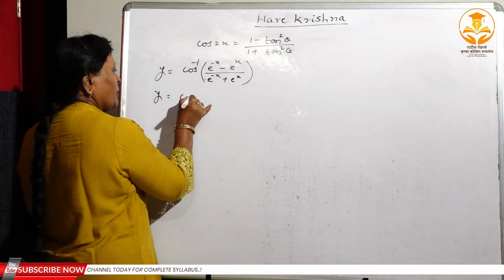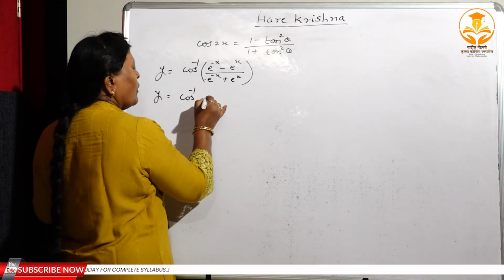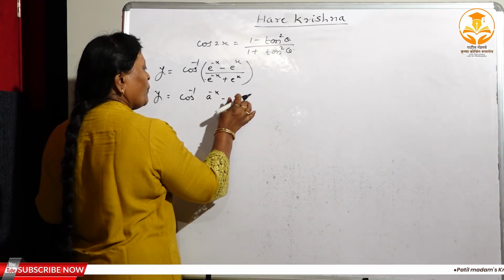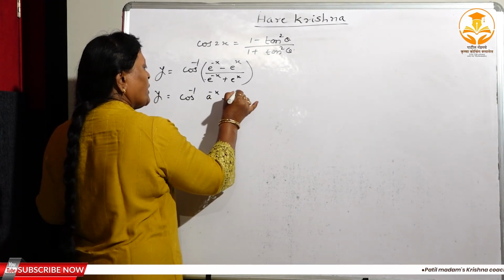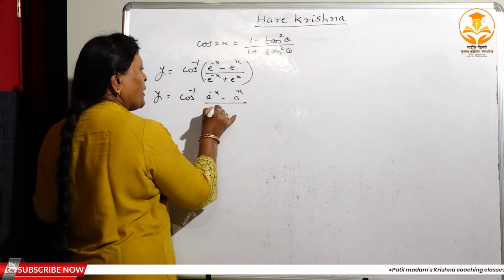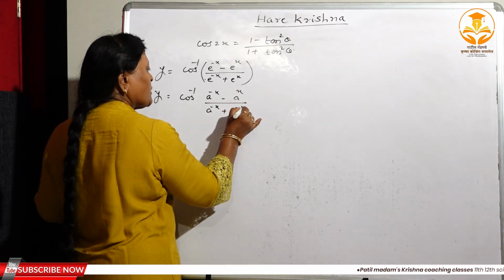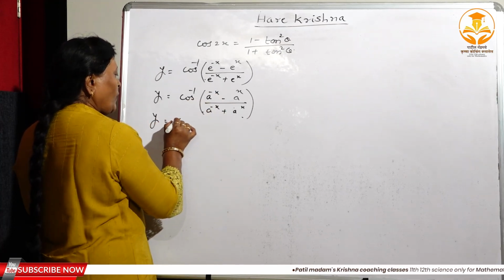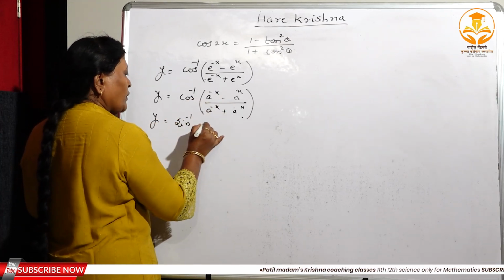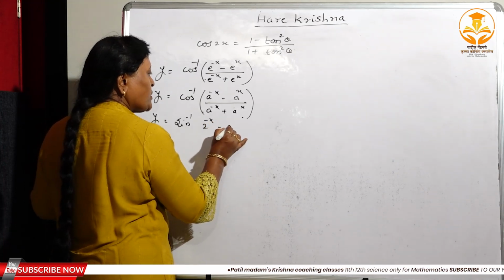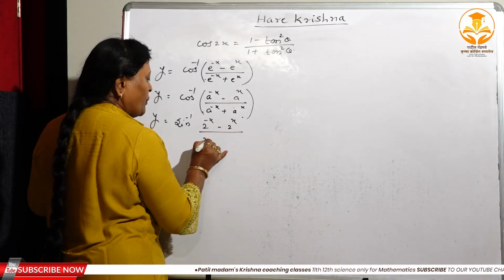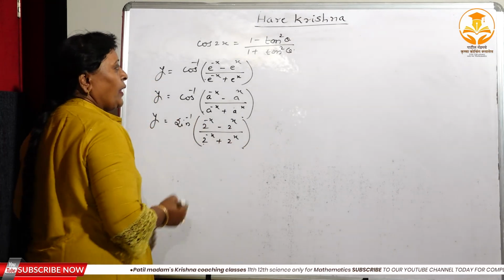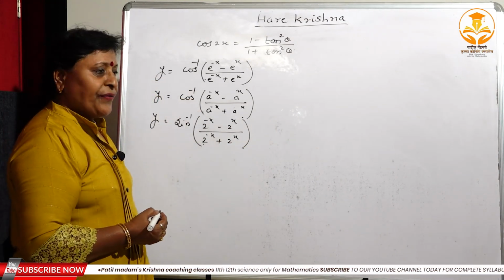Second one, cos inverse of (a raised to minus x minus a raised to x) divided by (a raised to minus x plus a raised to x). The third one, sin inverse of (2 raised to minus x minus 2 raised to x) divided by (2 raised to minus x plus 2 raised to x). Right? See, a little bit different, isn't it?